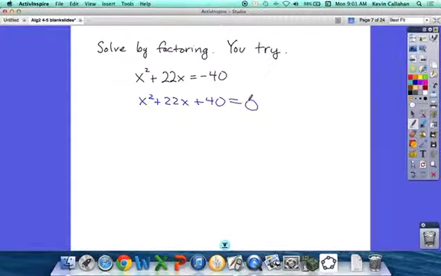Right, so what did you have to think of? Two numbers whose product is 40 and, yeah, what did you come up with? 20 and 2, right? 20 and 2. Okay, so what are the values of x that make that true?